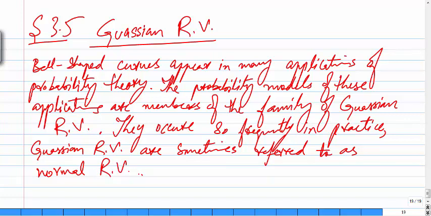So let's move to the next one. Let's look at the definition of a Gaussian random variable, that is 3.8.